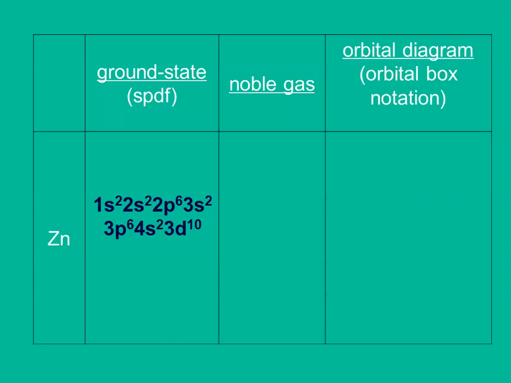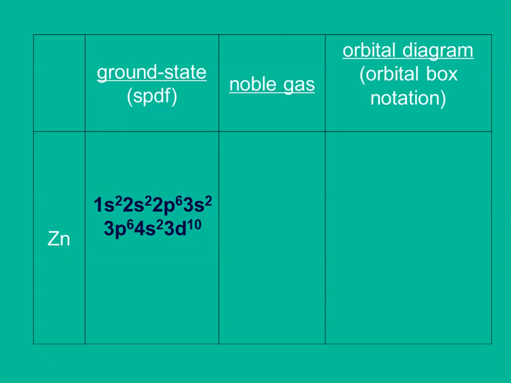And then because we are in that middle section, the transition section of our table, we would start our D sublevels. Our first D sublevel is found within the 3rd energy level, so we would have 3D. And zinc has 10 more electrons to place, and that's the number of electrons that these can hold. So you would have 10 d electrons in that 3rd energy level.